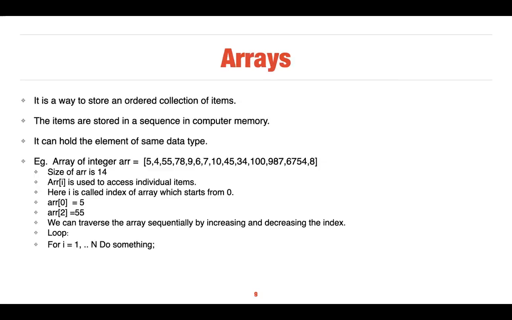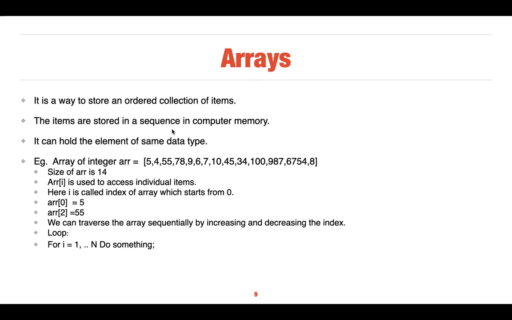Now we will take a look at a few data structures. Arrays. Arrays are very commonly used, or you may have heard about arrays. An array is a static linear data structure in which we can store an ordered collection of items, and as it is a linear data structure, items are stored in a sequence in computer memory.